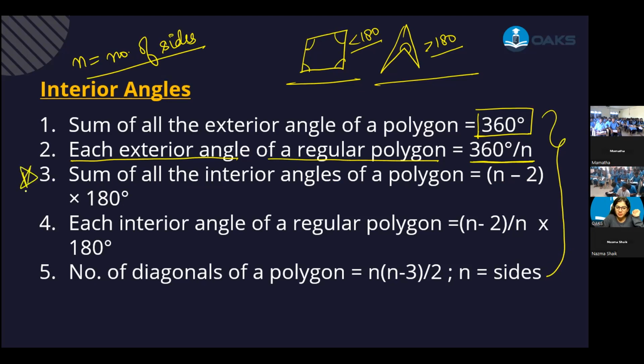So this is the important formula that I'll be asking you questions on. Sum of all the interior angles of a polygon is equal to n minus 2 into 180 degree. Okay, write this down. And the next one is, each interior angle of a regular polygon, if you want to find, it is n minus 2 divided by n into 180. So these three formulas are star formulas that I'll be asking you questions about. Okay.